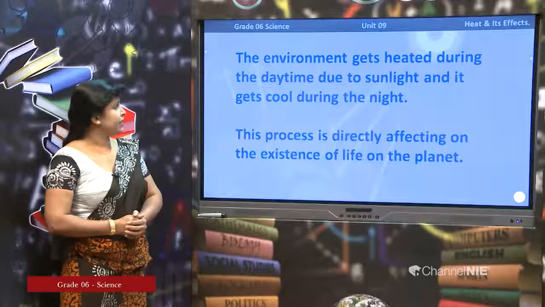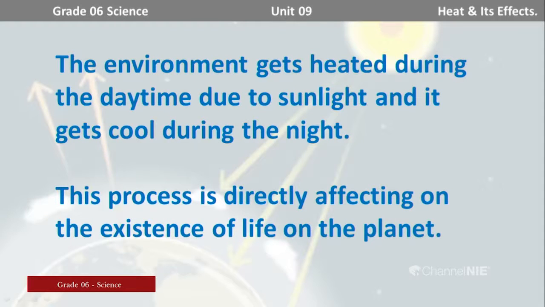The environment gets heated during the daytime due to sunlight, and it gets cool during the night. This process is directly affecting the existence of life on the planet. I think you can understand simple English.